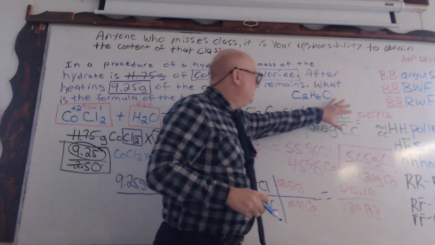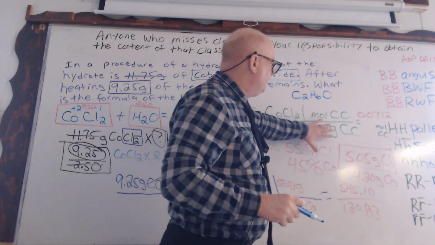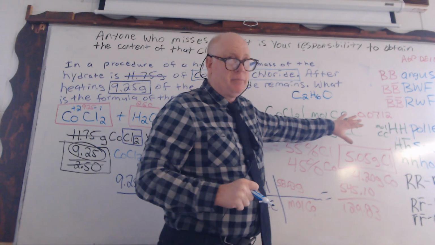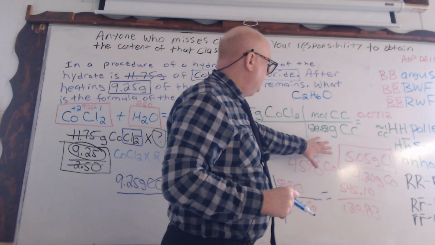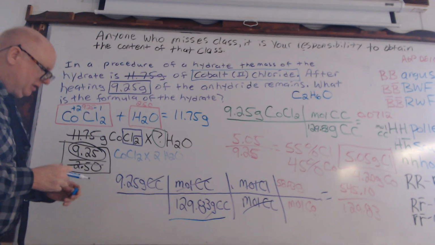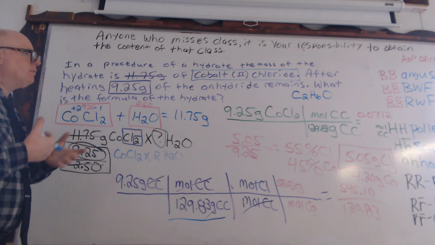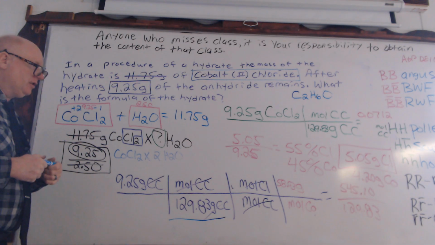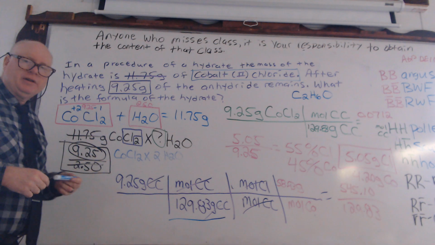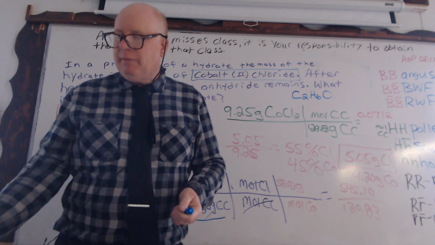That's what we did up here before we erased part of it. And that was the last part, was this hydrate type of problem. Then we also did an empirical formula, and then a percent composition, which is quite a bit of content that we went over here. All right, so we will catch up to you next time.